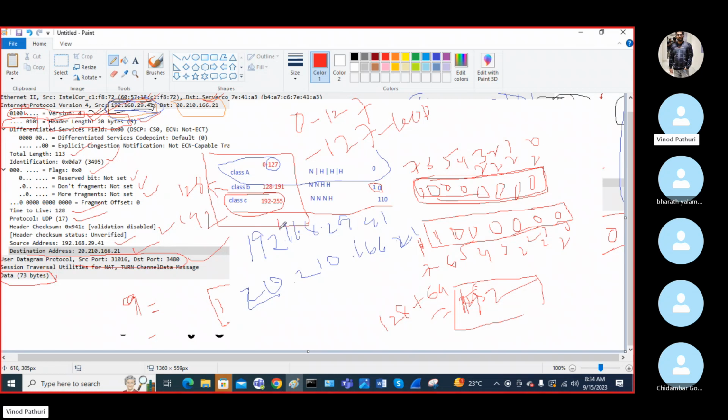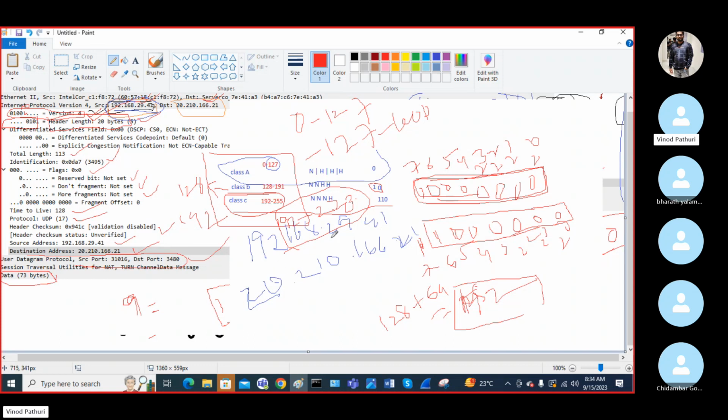We will use from 192 to 223 only. I'll tell you why. Because after that, you have defense and research and development, like ISRO and all those. They have some dedicated space. We will use only till 223.